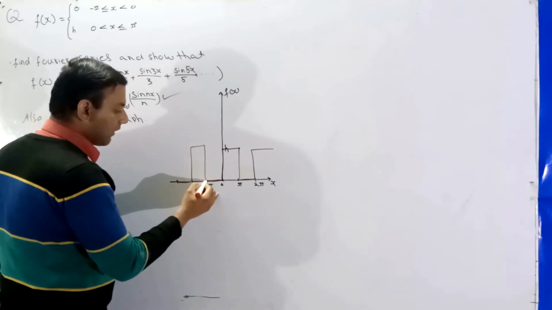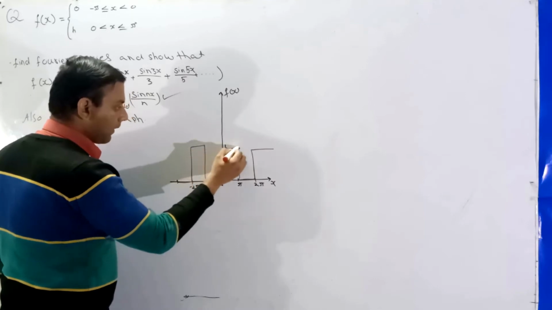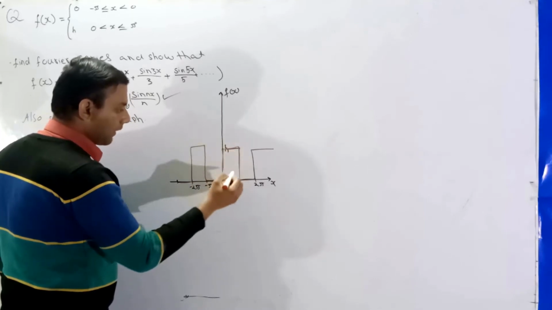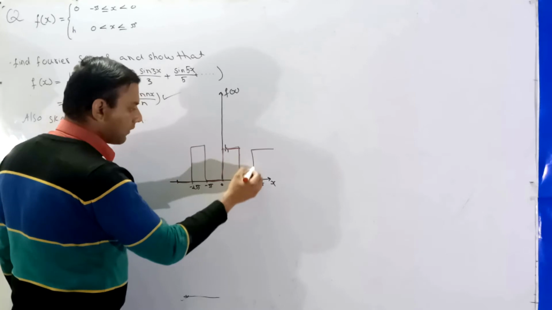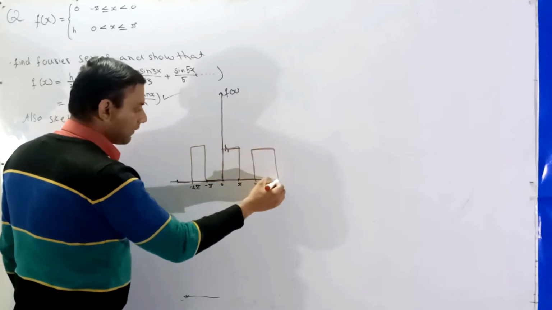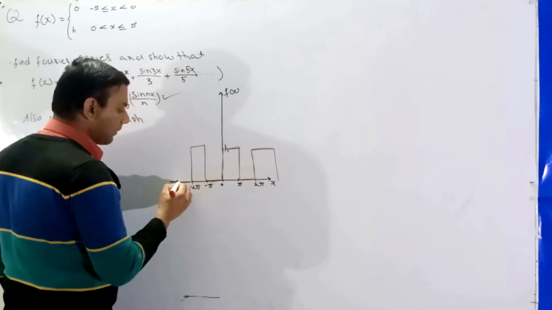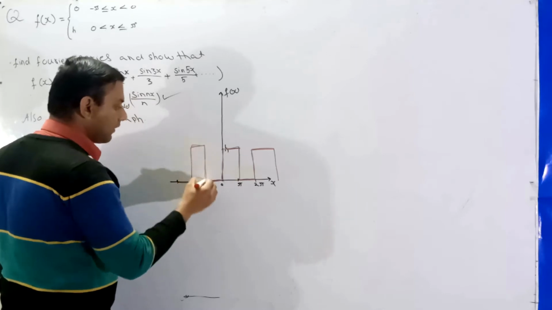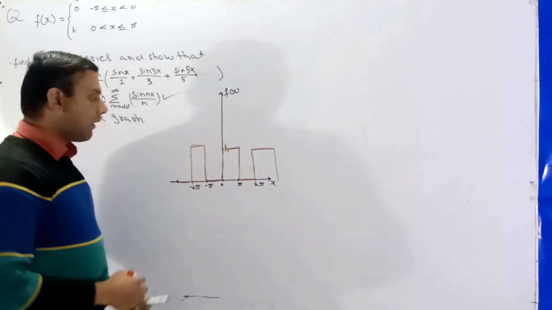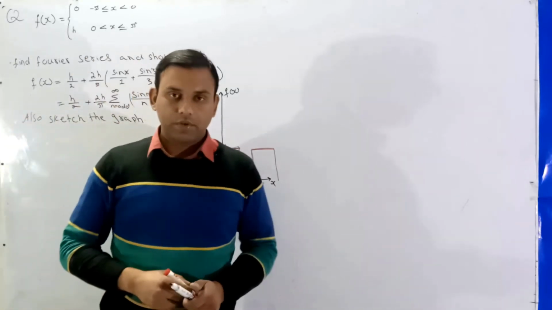Actually the original graph is that, and here also we have to extend this graph like this, and from this side we have to extend this graph like this. This is the actual graph for the given function.